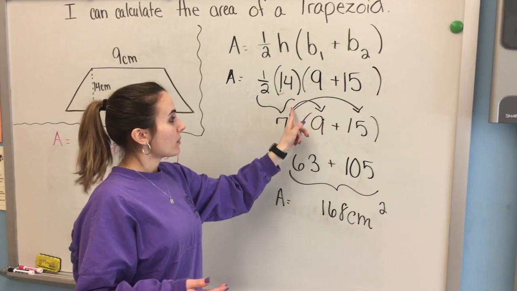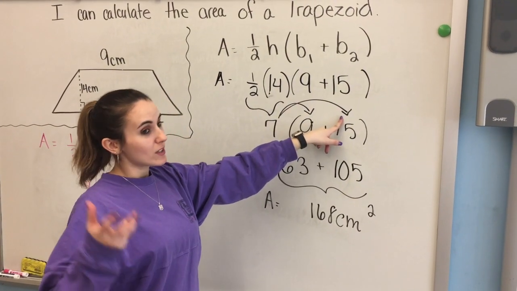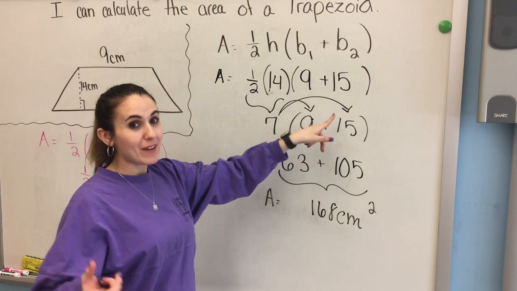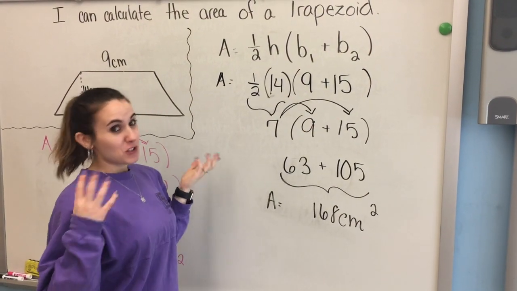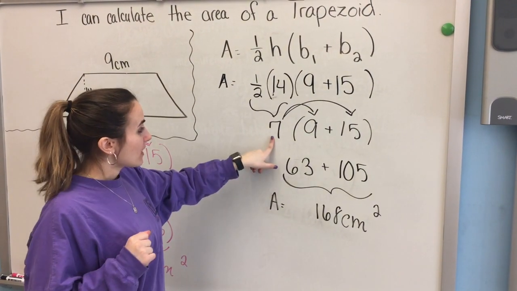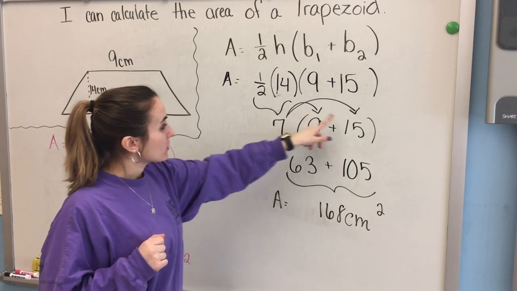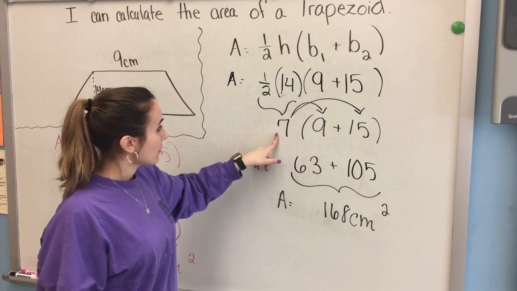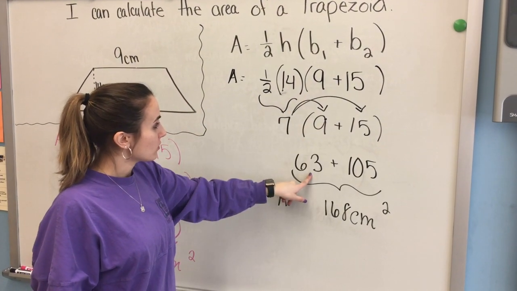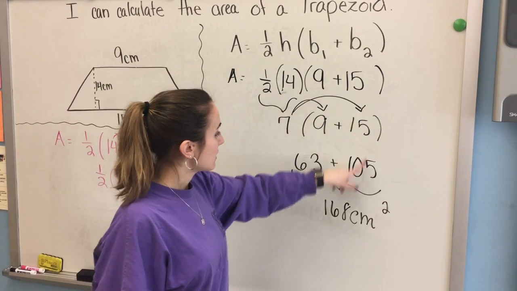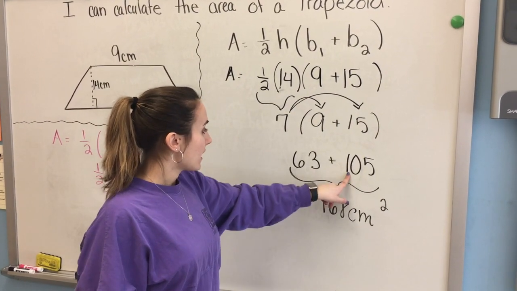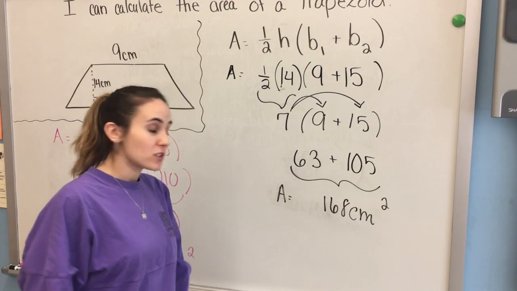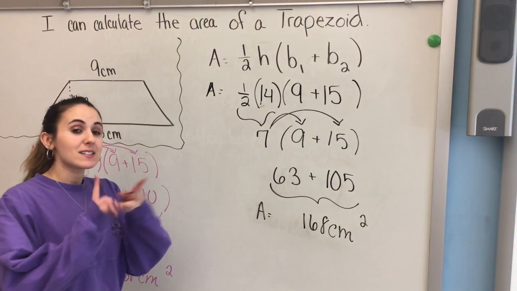Then if you notice my little arrows here, we worked on a specific property. I'm hoping everybody remembers it. Distributive property. You take your 7 and you distribute it to your numbers on the inside of the parentheses. So I did 7 times 9, which is 63. 7 times 15, which is 105. I add the two together and I still get 168 centimeters squared. Now that's a second way.